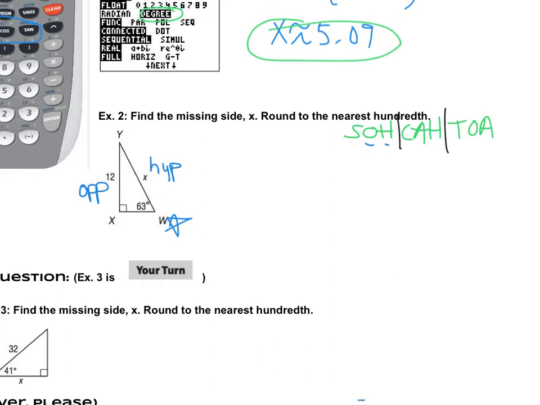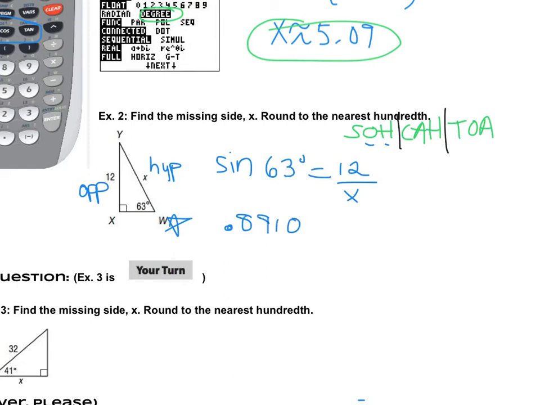So we're going to start with the sine of 63 degrees is going to equal the opposite, which is 12, over the hypotenuse, which in this case is my unknown.